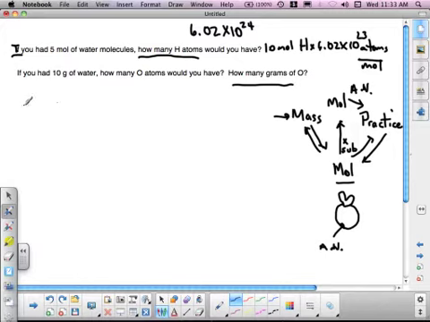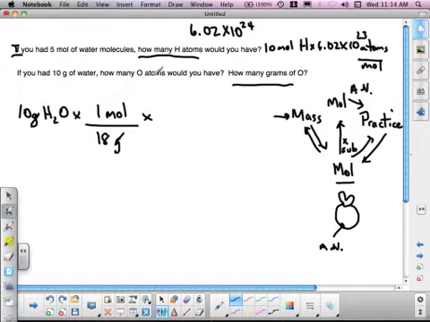So 10 grams of water, H2O, times 1 mole of water weighs, if you add them up, 18 grams, 2 hydrogens, 1 oxygen. All right, but then how many oxygen atoms in a water molecule? 1 oxygen, or 1 mole of oxygen.